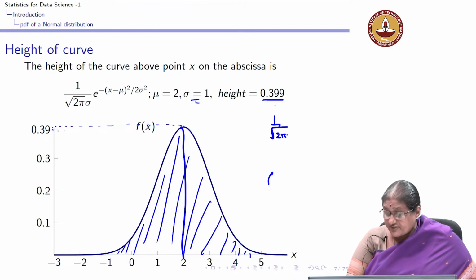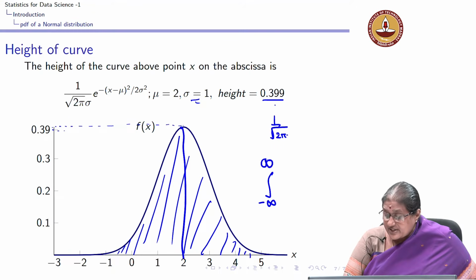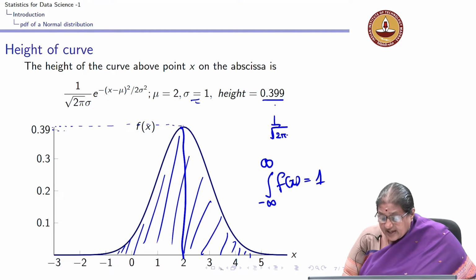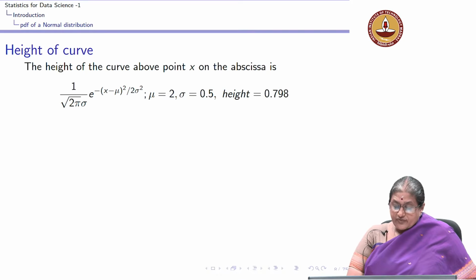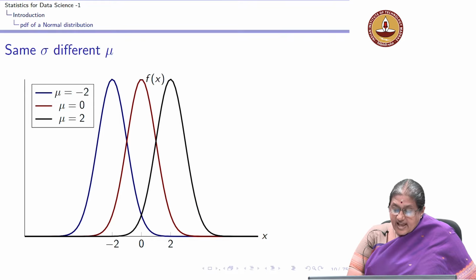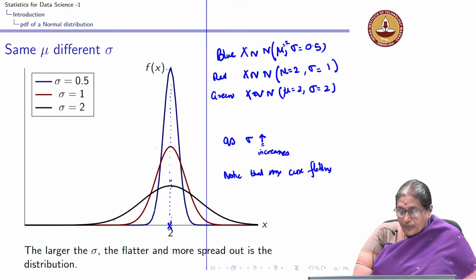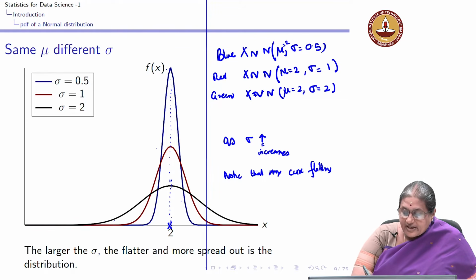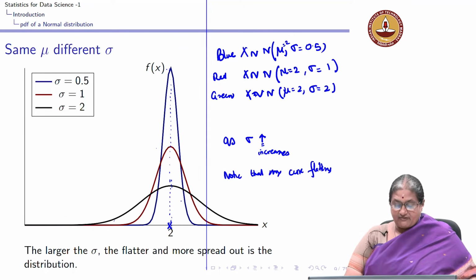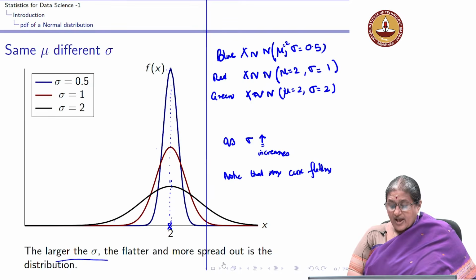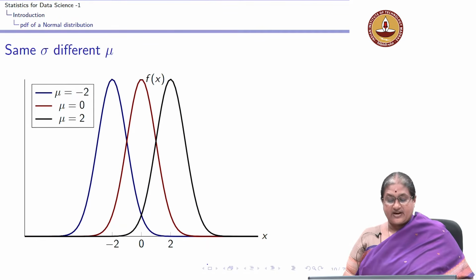In other words, the integral from minus infinity to infinity of f of x should be equal to 1. So, for the same mu and different sigma, the larger the sigma, the more the curve flattens.